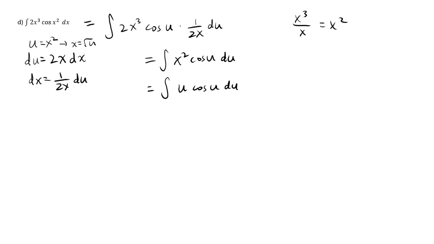You no longer have an inside function. It says cosine of u. That means since it's a product, we need to use integration by parts. And well, here's another problem.